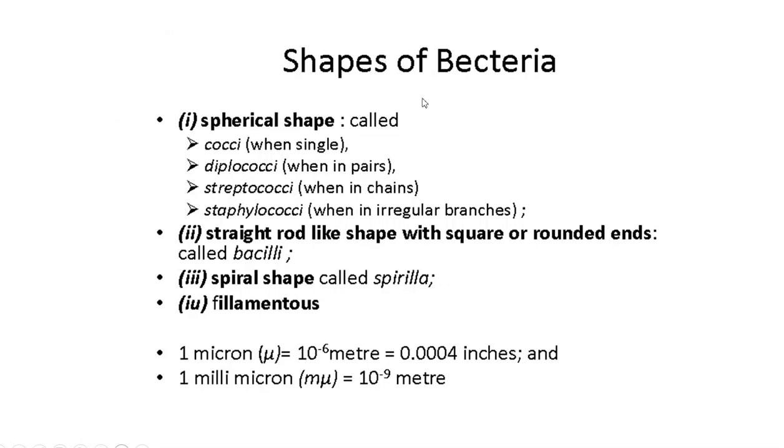Then we have shapes of bacteria. One is spherical shaped, another is straight rod-like shaped, then spiral shaped and filamentous shaped. The first one is spherical shape. Spherical shape also contains many subtypes like cocci when single, as I showed you in the last slides, different shapes of the bacteria.